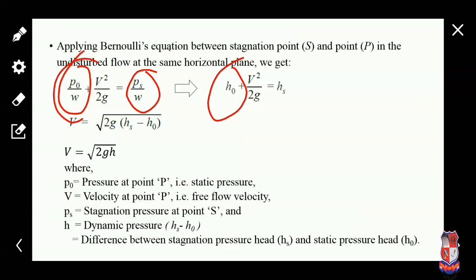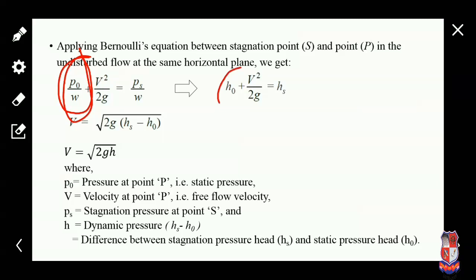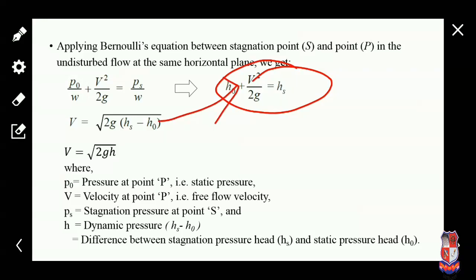So both pressure heads are defined by H. The pressure head at point P is defined by H0, and the pressure head at the stagnation point is defined by Hs. Now we get the equation from this relation: V is equal to under root 2G into Hs minus H0.